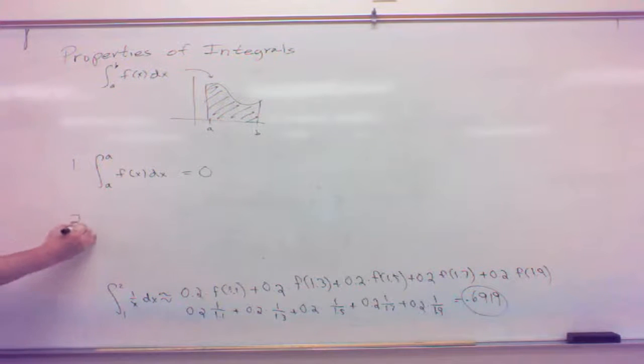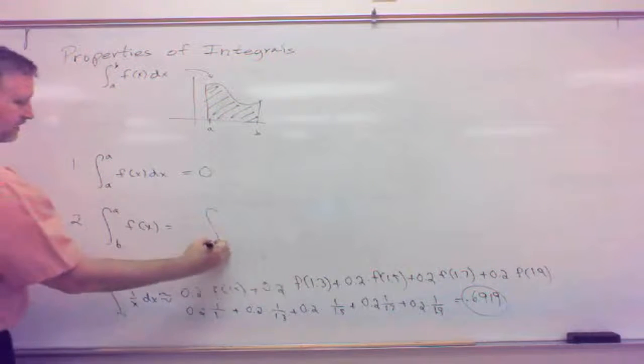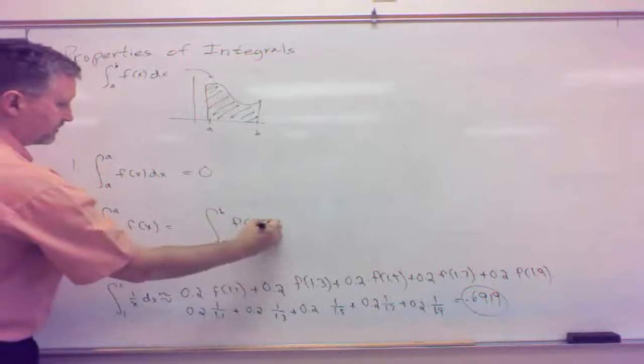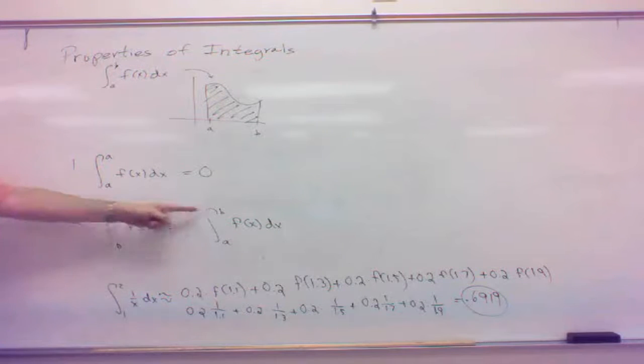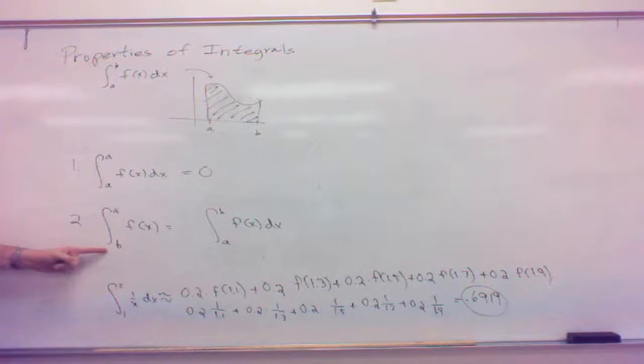Property number 2. We're talking a to b here. What if I reverse that? How would that be related? So instead of the upper limit being b, like normal, we're saying the upper limit's a and reversing it down on the lower limit too.